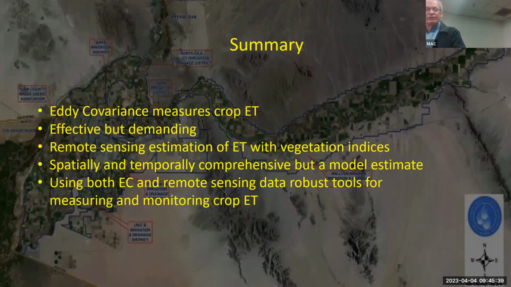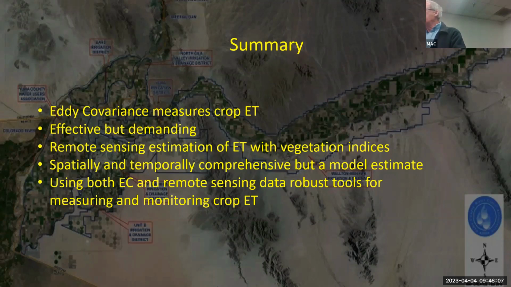So I hope I haven't talked too long, but this is the story I'd like to leave you with. One is that Eddy covariance is a technique that allows you to measure water use very accurately. It's a very effective technique, but you need expertise to use it. Remote sensing is more than an emerging technology. It's part of the portfolio for keeping track of water use.